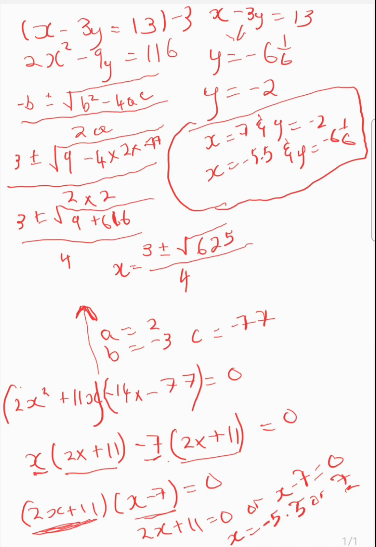After that we are still going to get the ones for y. So I will end here. You can continue and solve this quadratic equation. You are still going to get the same answers. If you have any question, please feel free to ask.